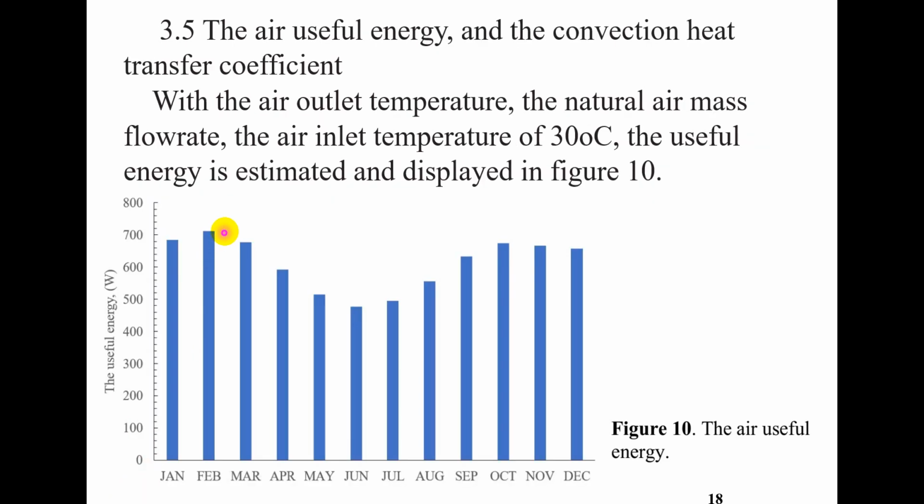And we calculate the useful energy of the air by using the outlet temperature and natural air mass flow rate, and the result is displayed in figure 10. You can see that in February we have the highest useful energy, and the lowest useful energy occurs in June.